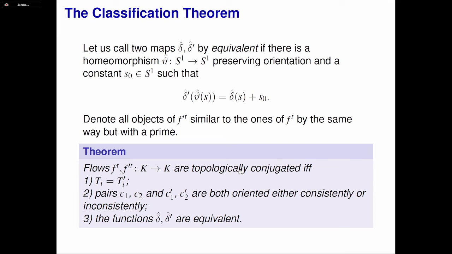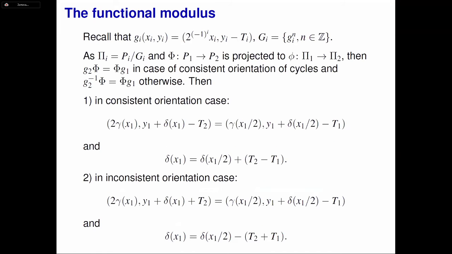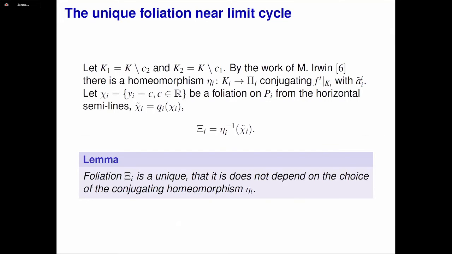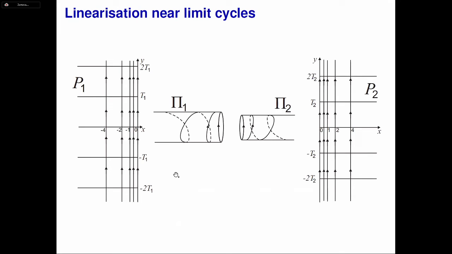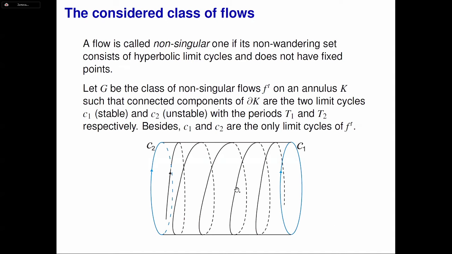Vladislav, do these flows exist on the surface of the cylinder, or do they exist in 3D space? On the surface, of course. Yes, it's like here on an annulus, on the surface of the annulus.